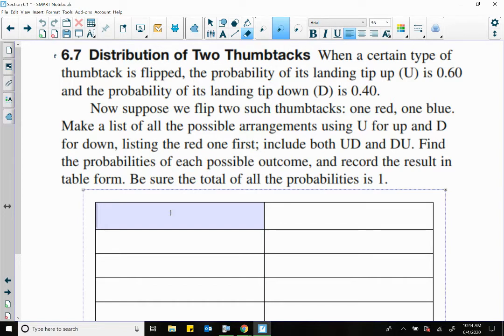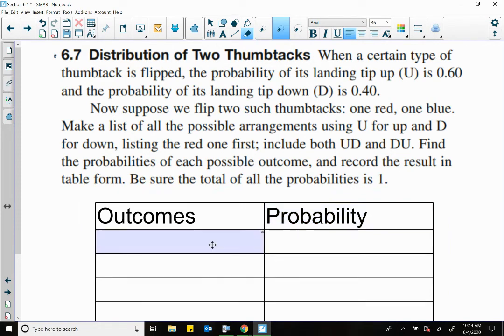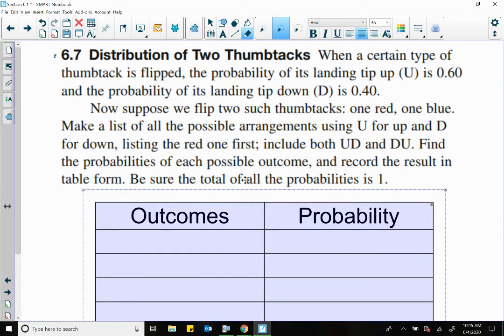So outcomes, probability. Okay. All right. So I want to center these up actually. Let's select, oops, nope, not moving. There we go. And let's make sure everything's centered.